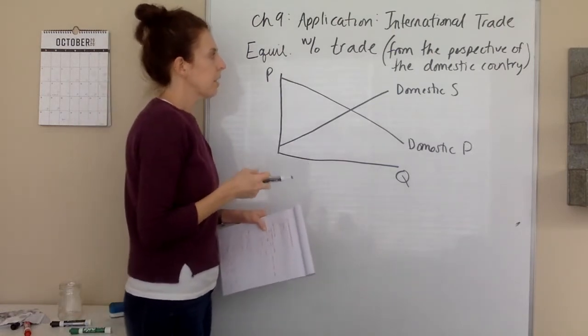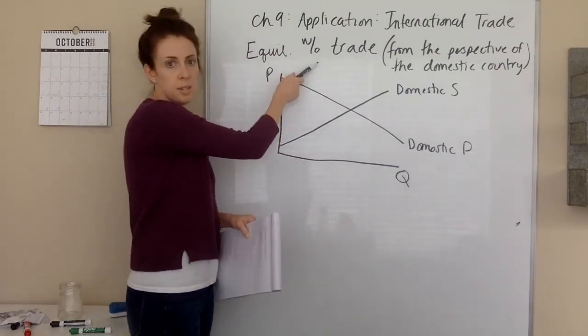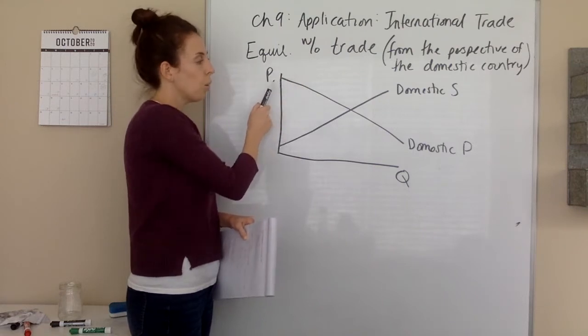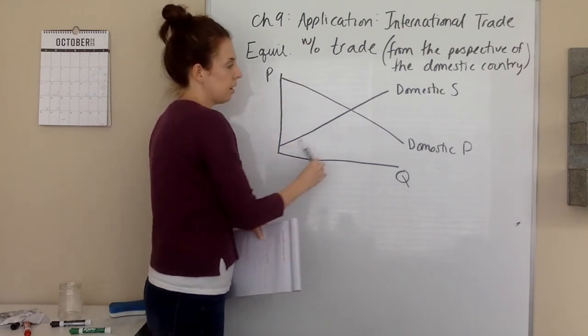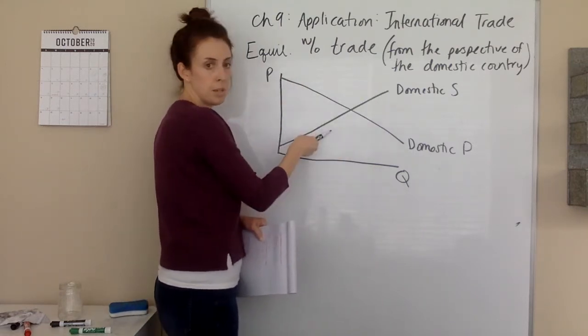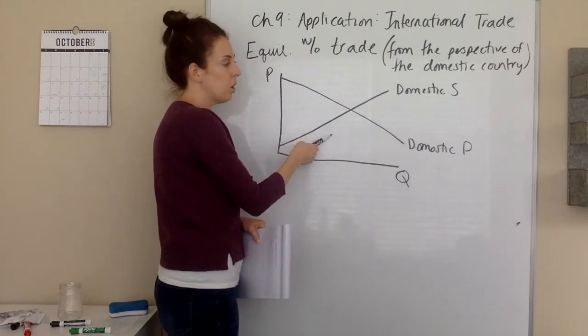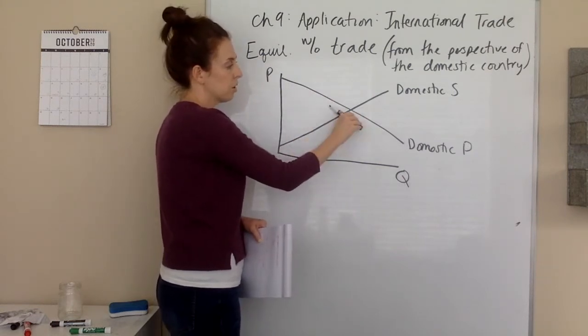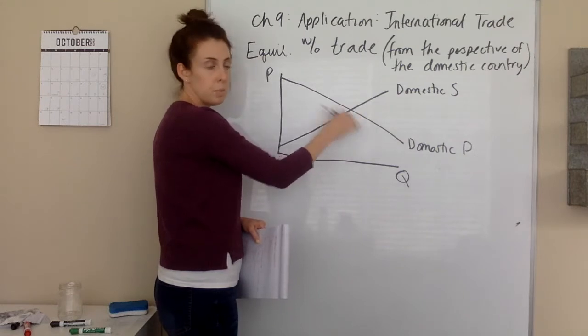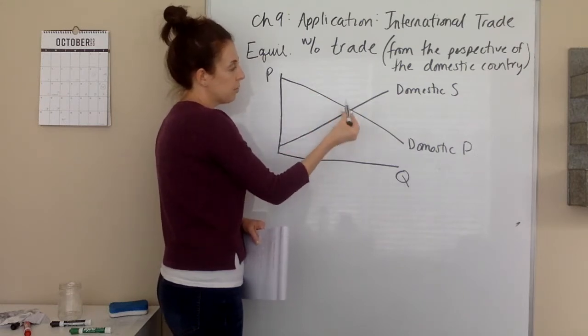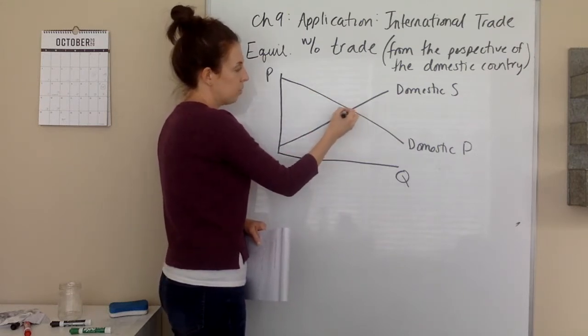If there is no trade in the domestic country, that means whatever the domestic manufacturers produce is the supply that we're constrained at. Whatever the domestic consumers consume is what we're constrained at. So this domestic market is going to have an equilibrium price.